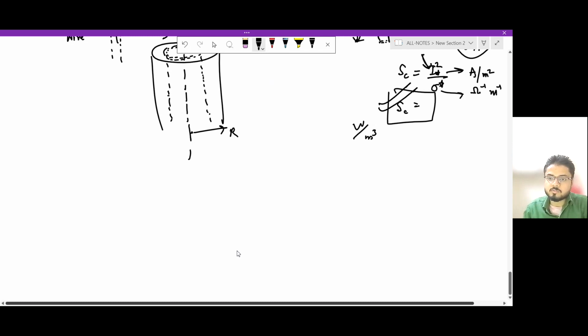And this can further be simplified as 2 pi r del r times L, because del r squared would be insignificant compared to this part, and r squared gets cancelled.